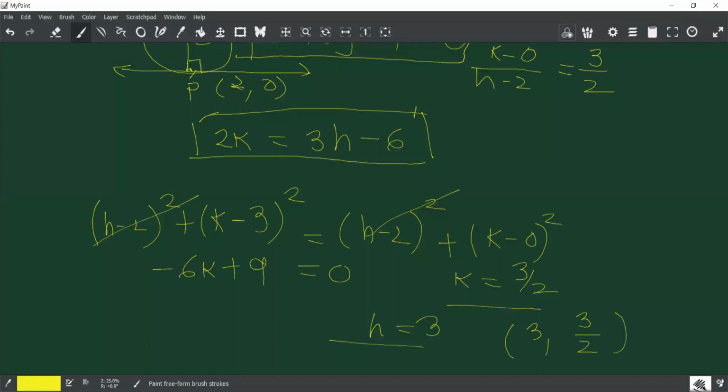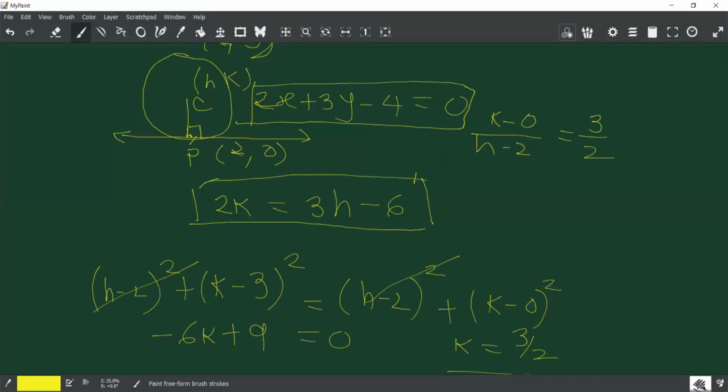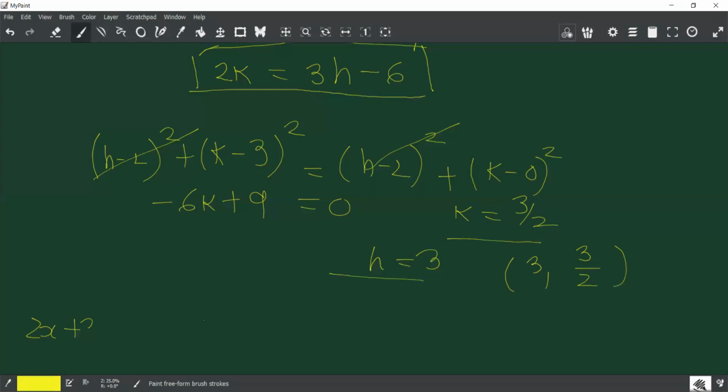Now find the radius. Find the length of the perpendicular using the distance formula. You can do it like this too. The given line is 2x plus 3y minus 4 equal to 0. Drop a perpendicular from the center 3, 3 by 2; the length of the perpendicular will be equal to the radius. Correct?